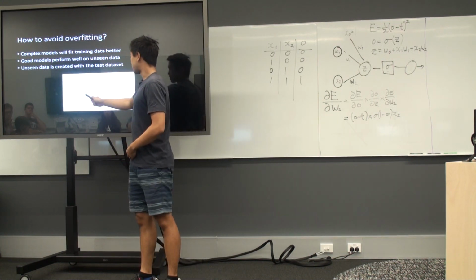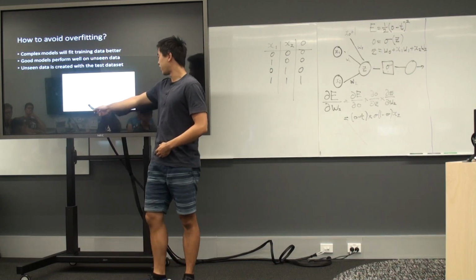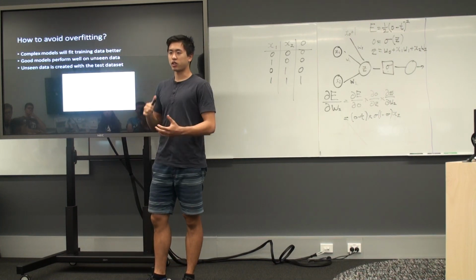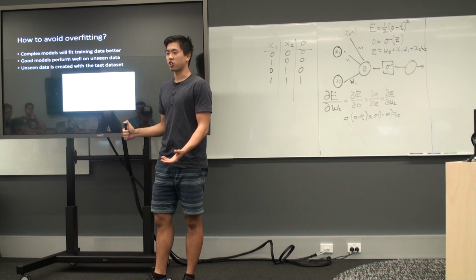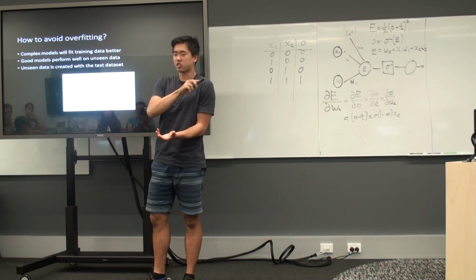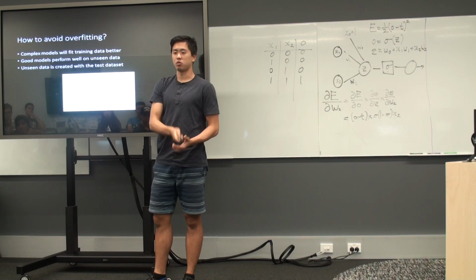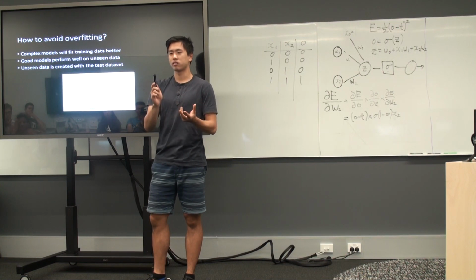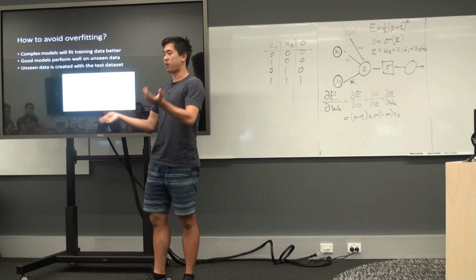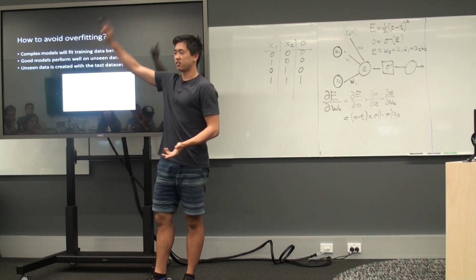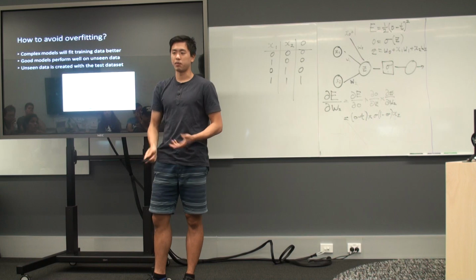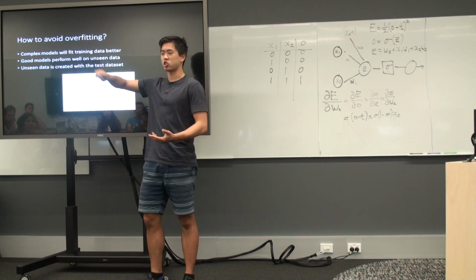But this is the test data. You can see as we increase the model complexity, the model can do a lot more things. So say a straight line compared to a linear regression. A linear regression can model a linear relationship between two variables. Then if you go to a parabolic model, it can model any parabolic relationship. And with the cubic, you can just change it more and more.